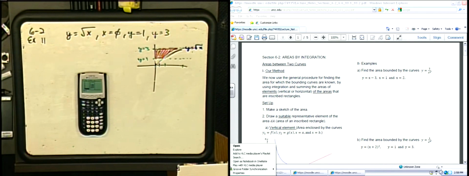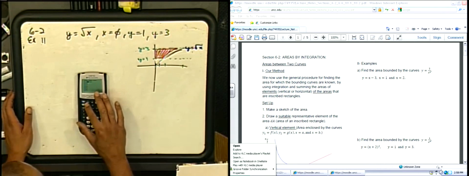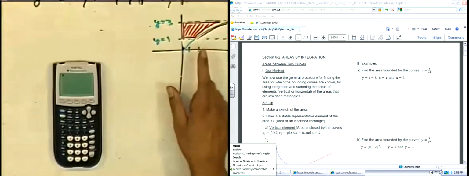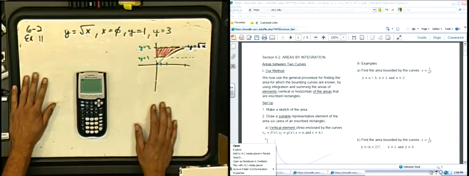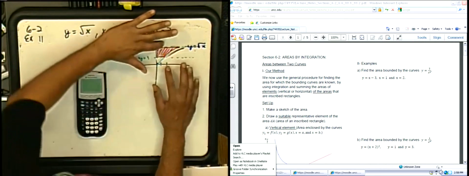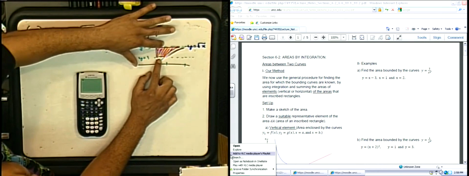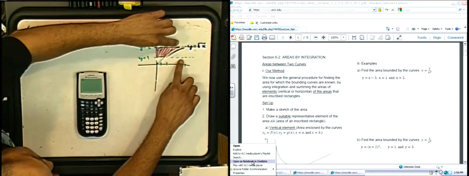For this one, we will do the horizontal test. He said in class on Monday that when the upper limit changes, okay, so these are our boundaries.